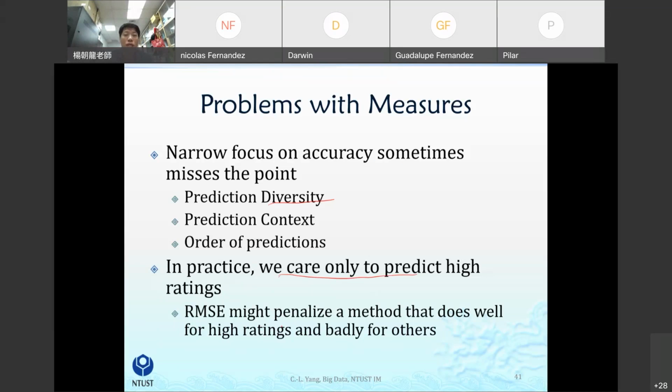But the RMSE score might penalize a method that does well for high ratings, just well for high ratings but very bad for others. So these are some of the problems, especially for the measurement. But of course, today is an introduction course, and some of the research papers have been attacking this kind of issue.